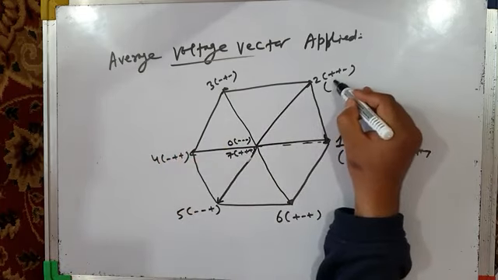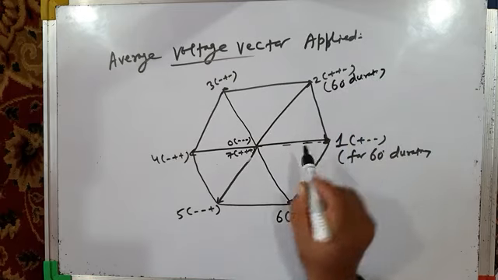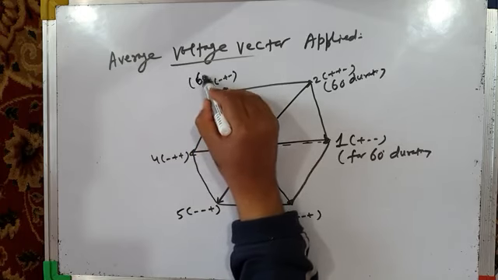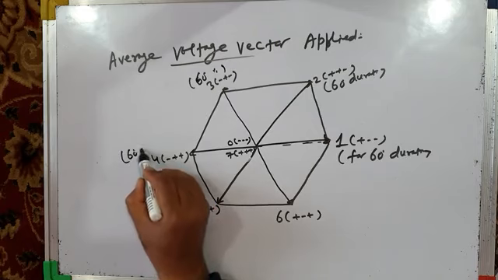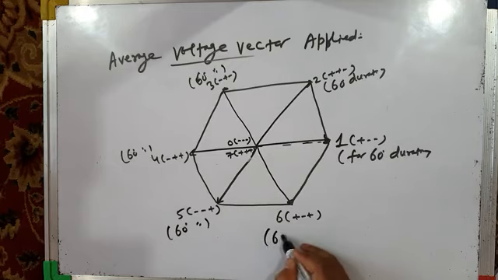Active vector 2 will also be applied for 60-degree duration. After that, active vector 3 will be applied for 60-degree duration. Then active vector 4, then active vector 5, and active vector 6, each for 60-degree duration.